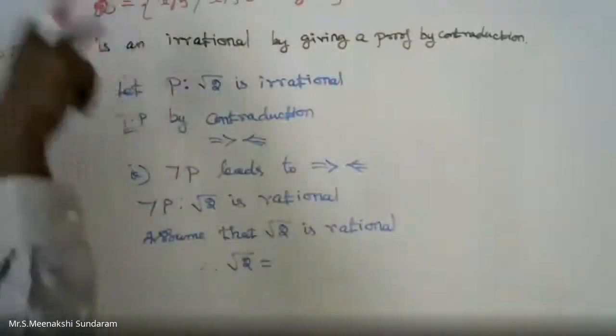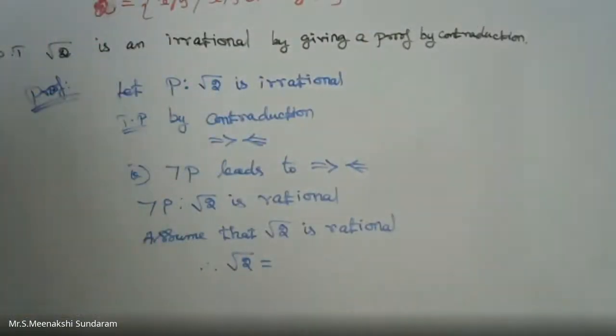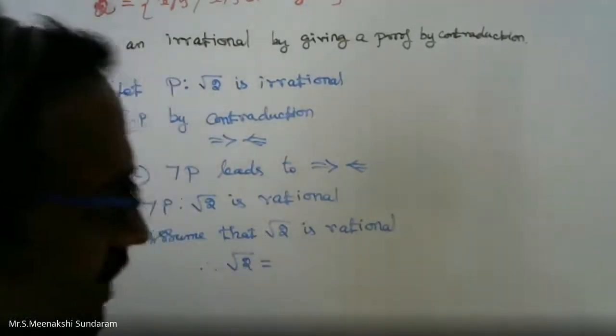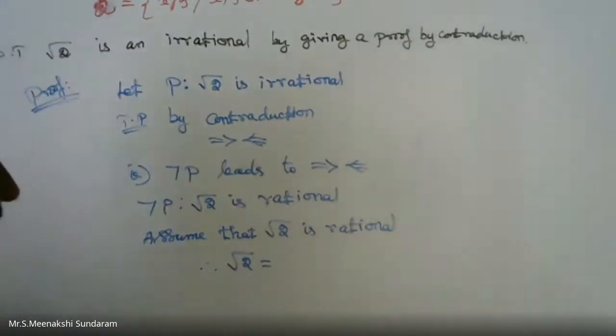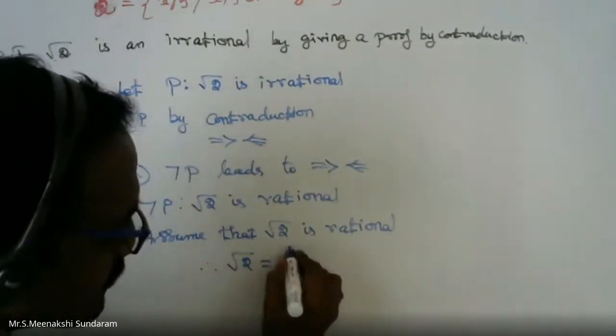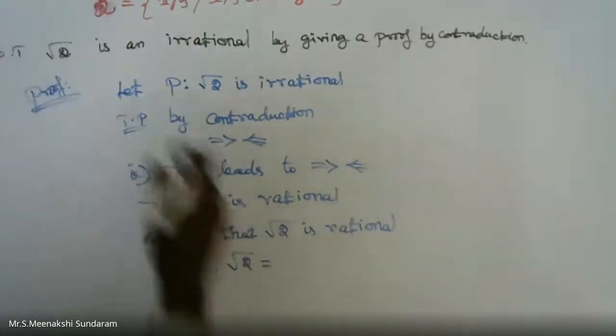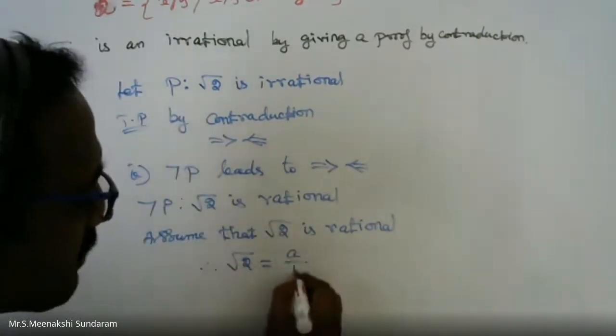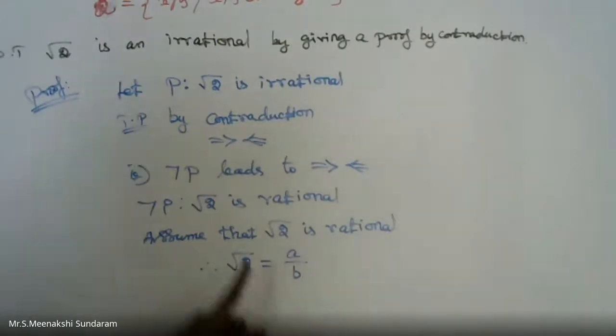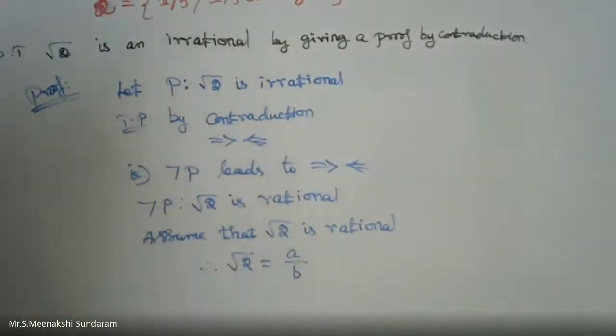Any number that can be expressed in the form of numerator by denominator, p by q, or let me take it as a by b, is called a rational number. That is the definition of a rational number.